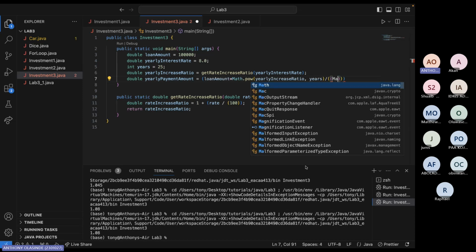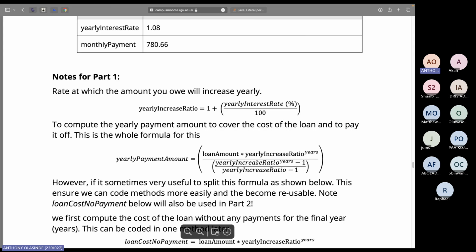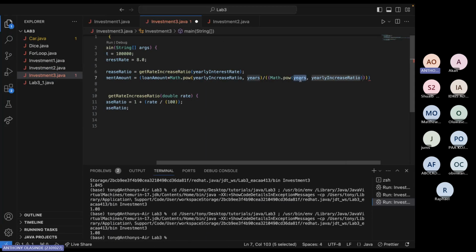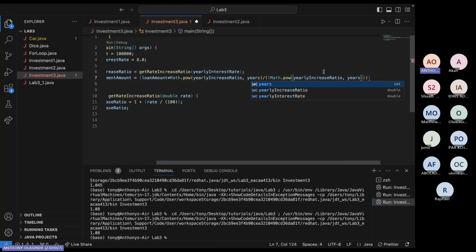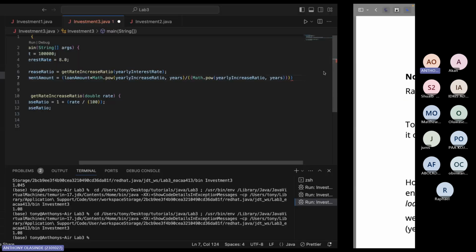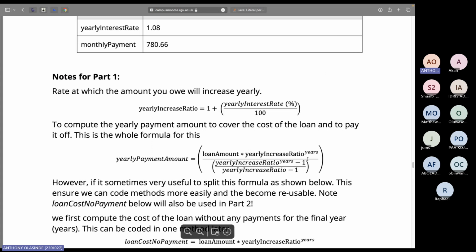Math.pow again, and the first one should be yearly increase ratio by year, so that's yearly increase ratio to the power of years. Then that will be minus 1, right?